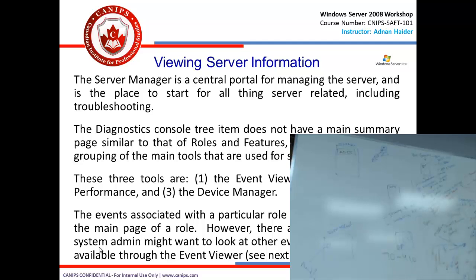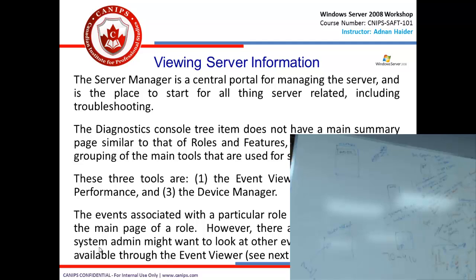Now in this environment, this is our first domain controller, and since the best practice is having two, we're going to install another domain controller. So how many DCs do we have in this environment? Two. Since I needed a DHCP as well, I installed a DHCP role on this one.